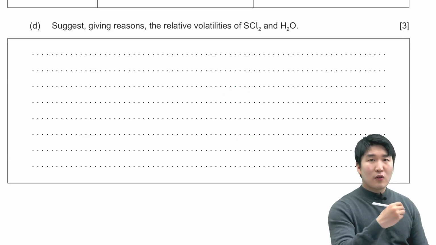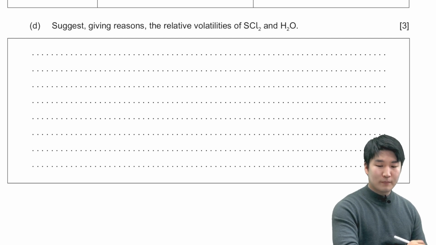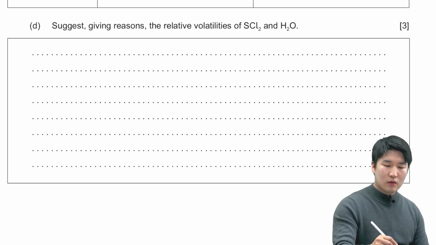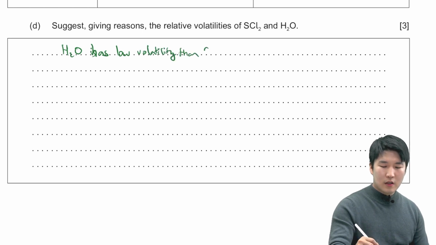We're going to compare the volatility of sulfur dichloride and water. Water has lower volatility than sulfur dichloride.